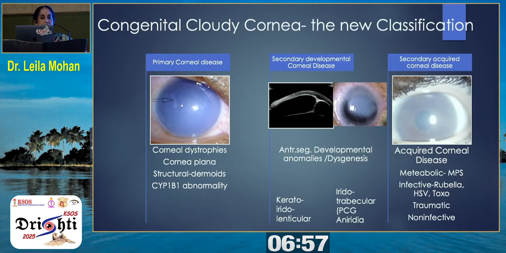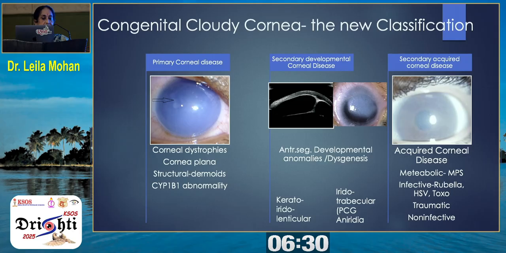The newer classification by Dr. Kenneshal is that primary corneal disease is specifically corneal, like in corneal dystrophy, cornea plana, structural pathology like dermoids and CYP1B1 abnormality, and secondary developmental corneal disease where there is an anterior segment developmental abnormality like anterior segment dysgenesis.